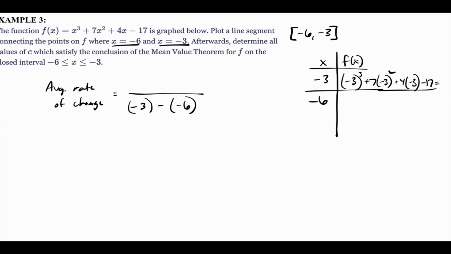And then the next one is -6 cubed plus 7 times -6 squared plus 4 times -6 minus 17.